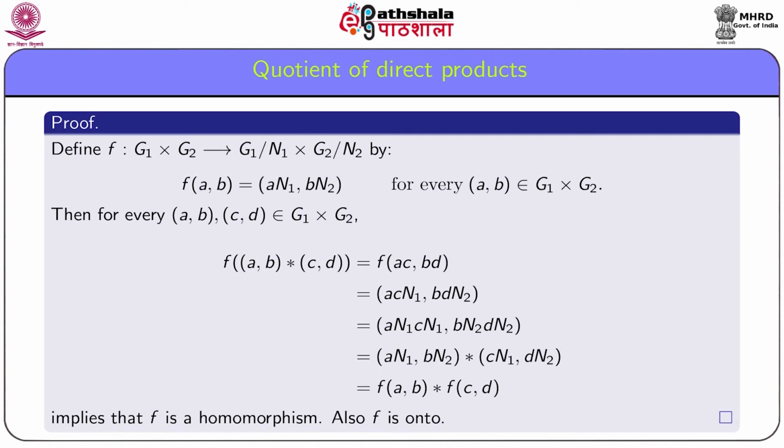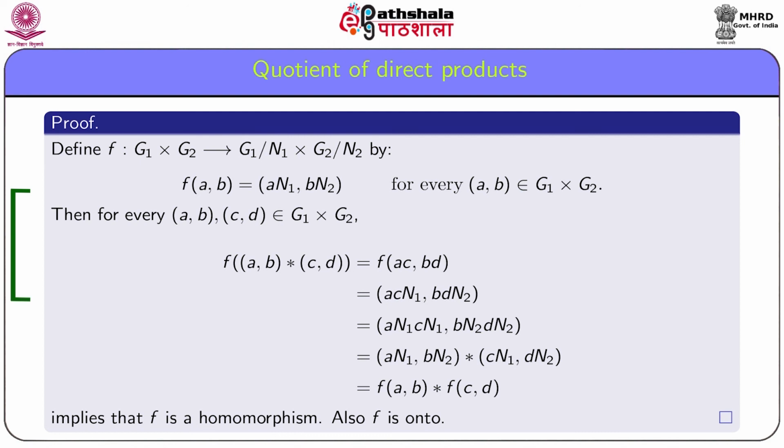Define a mapping f from G1 cross G2 into G1/N1 cross G2/N2 by f(a,b) equal to (aN1, bN2). I will show that f is an onto homomorphism and then use the first isomorphism theorem to prove the result.